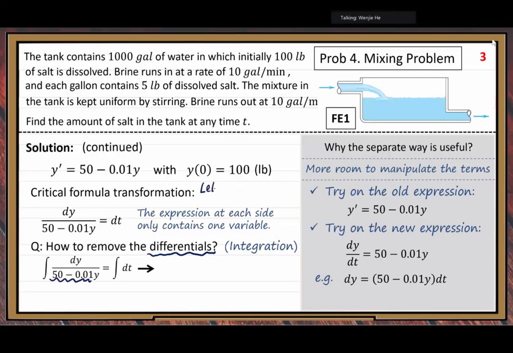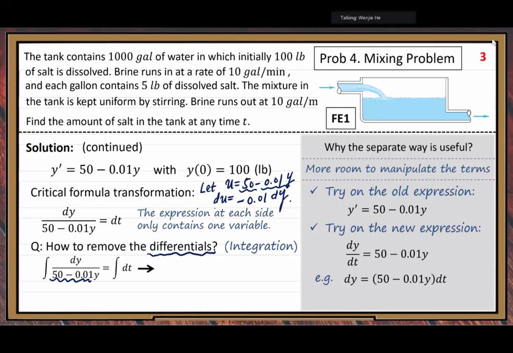So let u equals 50 minus 0.01y. Then, after that, we take differential both sides, d operator. So du equals d on constant is 0. Then constant multiple, we can take it out. Negative 0.01 dy.